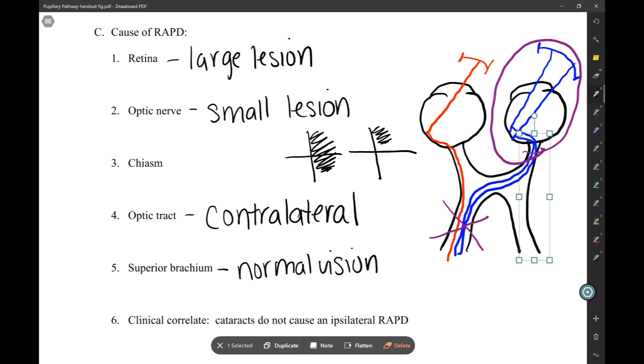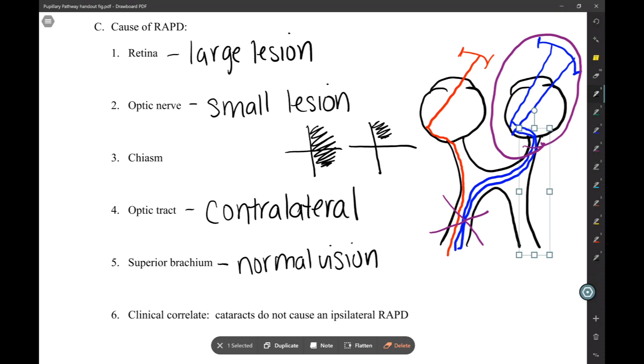You can get afferent lesions of both optic nerves. But if you are doing the swinging flashlight test and you determine that one afferent pathway is worse relative to the other, then you have a relative afferent pupillary defect in the worse eye.